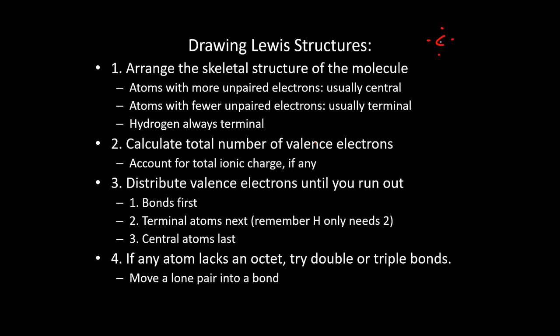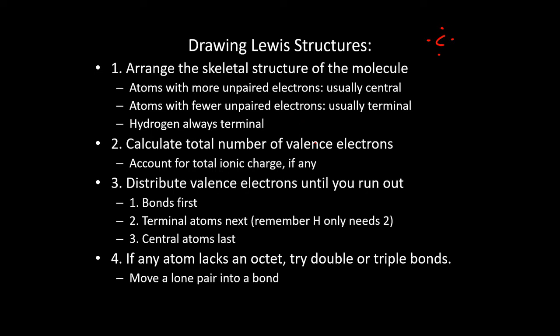And then as you go to the right from carbon, to nitrogen, oxygen, fluorine, you get another electron with each of those, and so they start to pair up from that point. So the thing with the most unpaired electrons is usually in the middle of the molecule. Things with fewer unpaired electrons are usually terminal, which means they're at the end of the molecule.